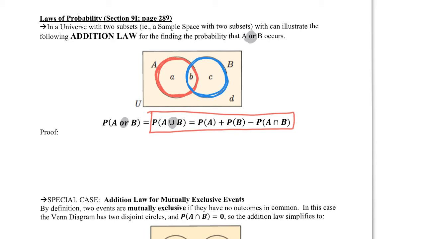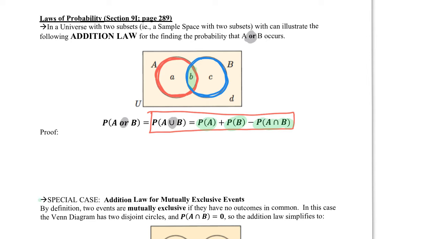So this interior part of the circle got counted twice, right in here. When we look at the probability, we sum P of A plus P of B, and then noticing we counted the middle twice, we minus off the intersection. That rule is called the addition rule.